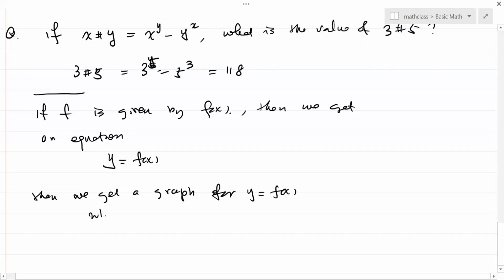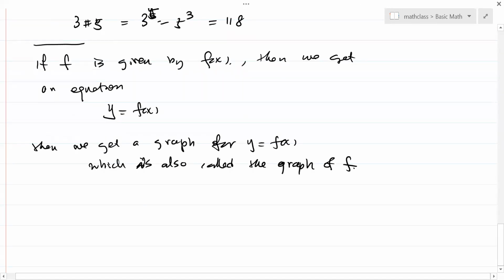also called the graph of, simply just called f, okay? Now, for example, when we say a function is given by, sometimes we just say a given function, okay?